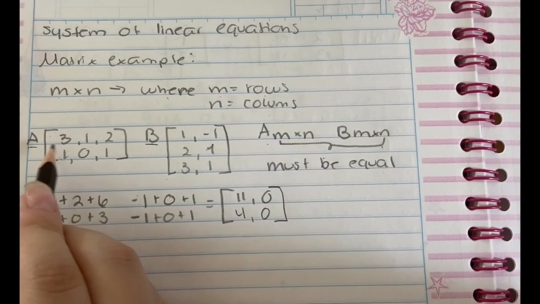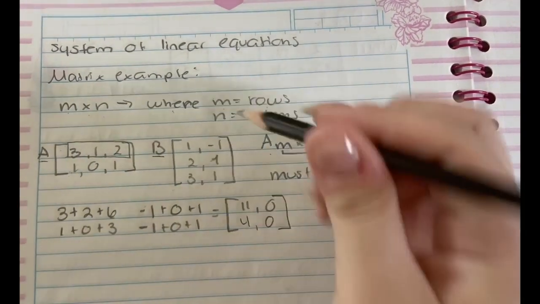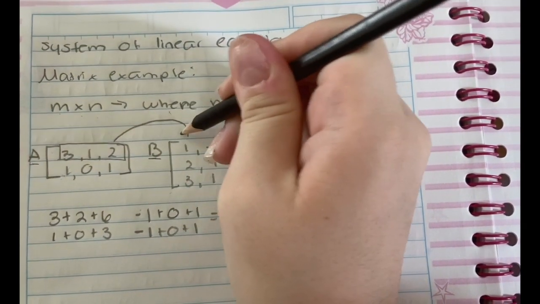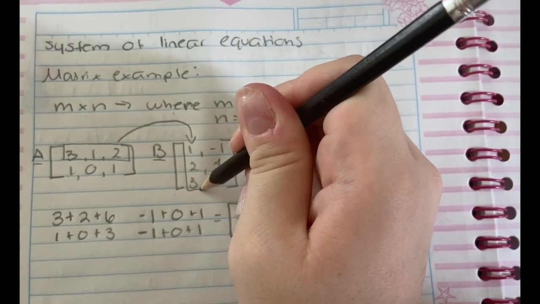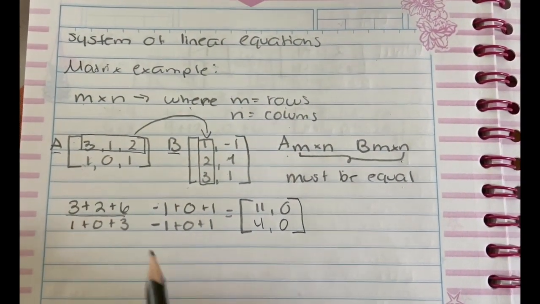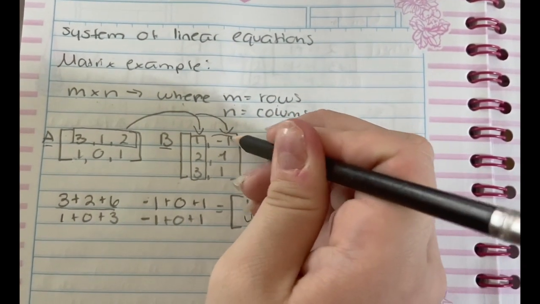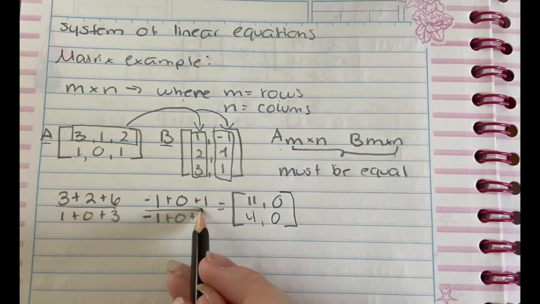We start by taking the first row of matrix A and multiplying it by the first column of matrix B, and it will give you these numbers. Then we do the same, but now with the second column, which gives us these numbers.